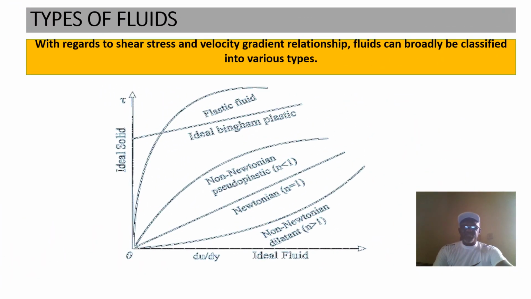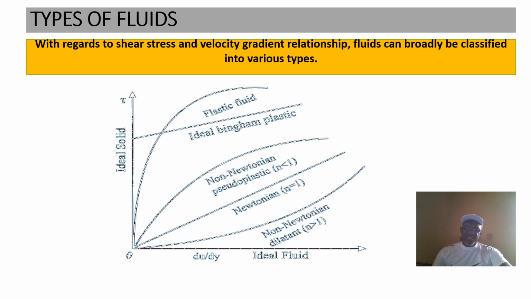Now, with regards to the shear stress and velocity gradient, fluids can be broadly classified into these types. We have pseudoplastic fluids, ideal Bingham plastic fluids, non-Newtonian pseudoplastic fluids, Newtonian fluids, and non-Newtonian dilatant fluids, which we are going to look at one by one.